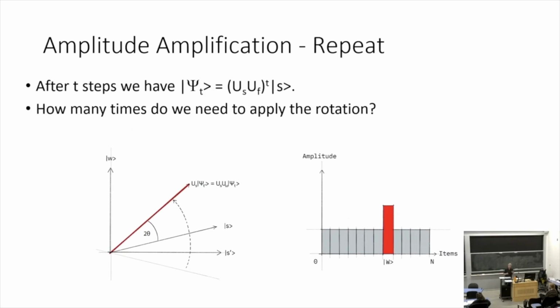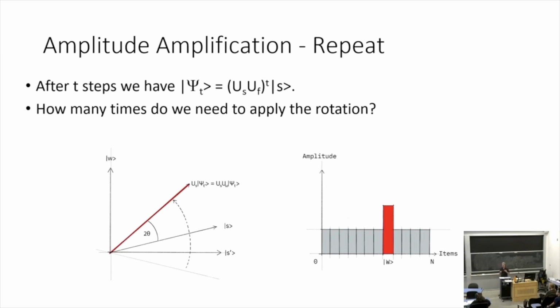After T steps of reflecting back and forth, we've transformed our quantum state into (U_S U_F) raised to the T, so we've done it T times. And we want to ask ourselves, how many times do we need to apply the rotation to get our winner sufficiently amplified?